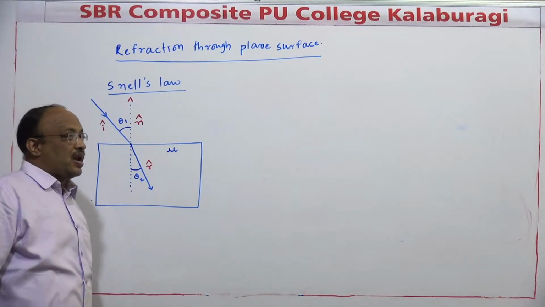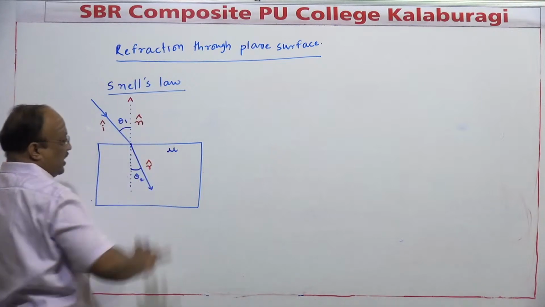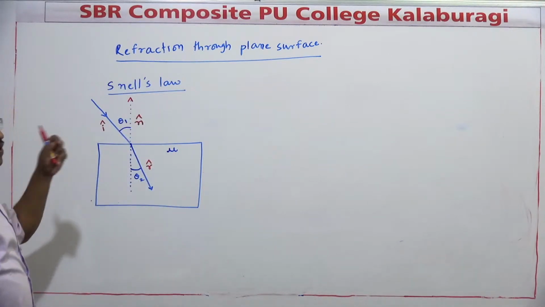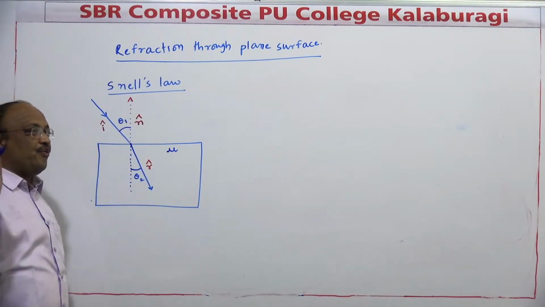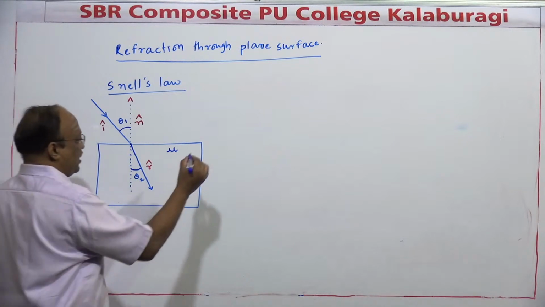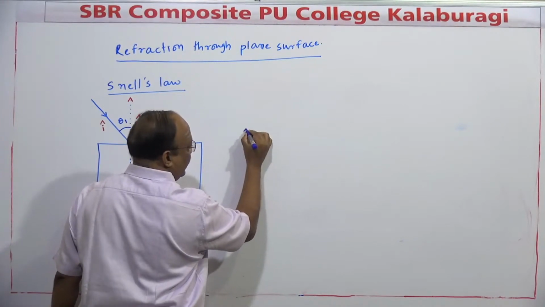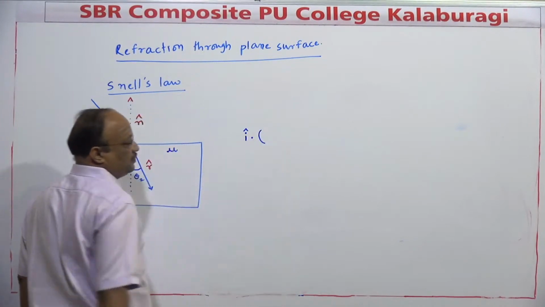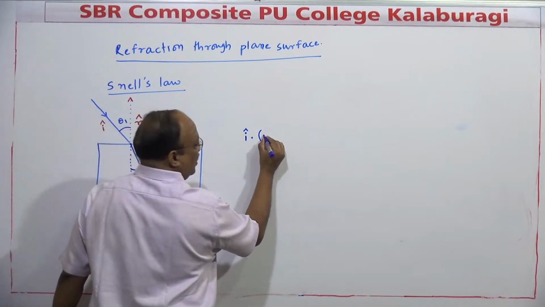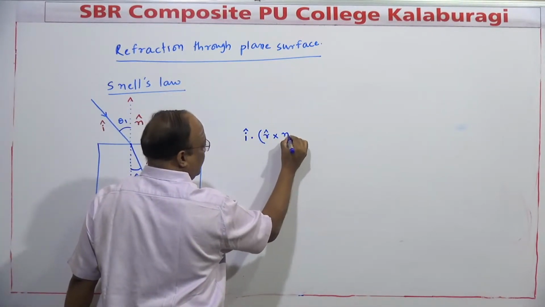Now this Snell's first law, I can write in vector form using the vector triple product. How will it be?